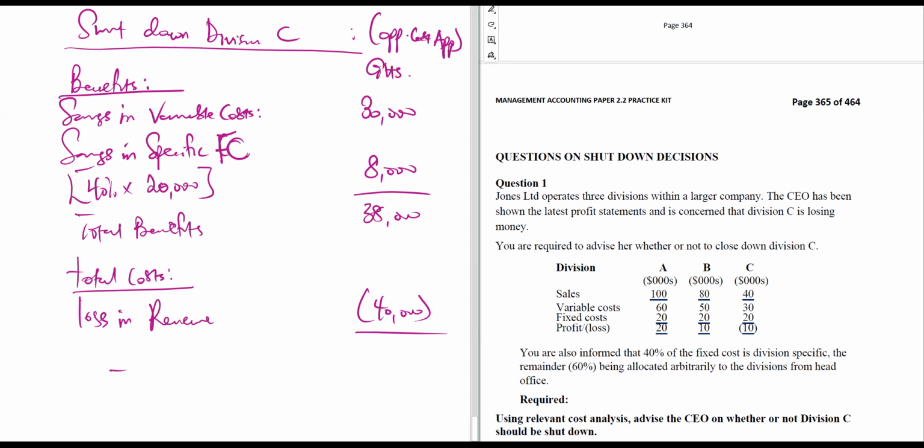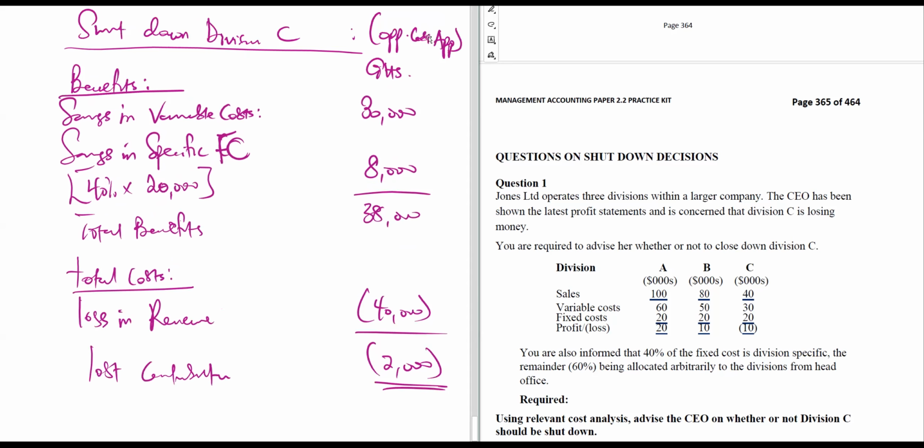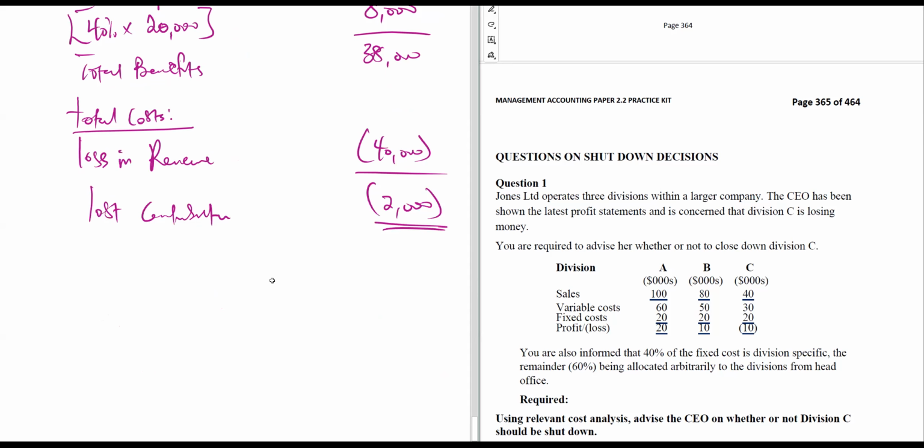Net loss, which means a lost contribution of 2,000. So is it good to shut down or not? Not to shut down, because if we shut down, we are going to lose 2,000 contribution. So that is how I used opportunity cost to get the 2,000 loss of contribution.